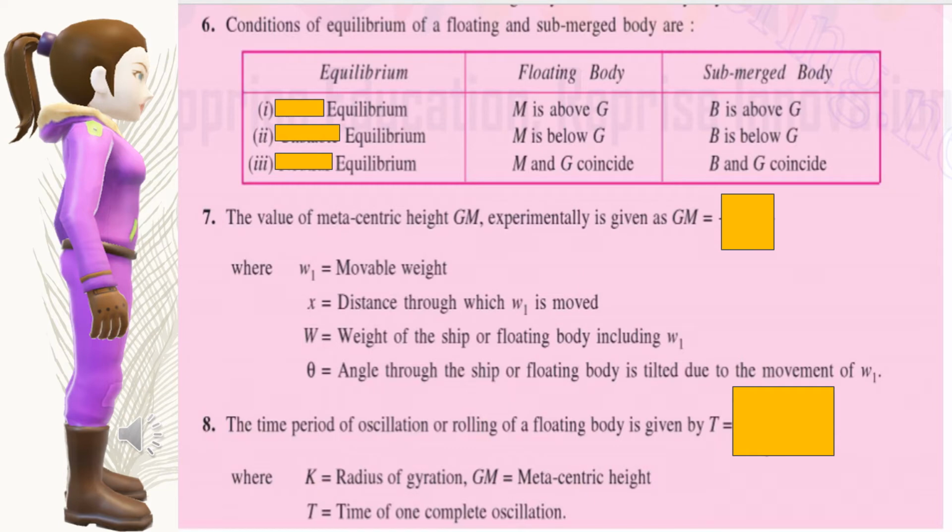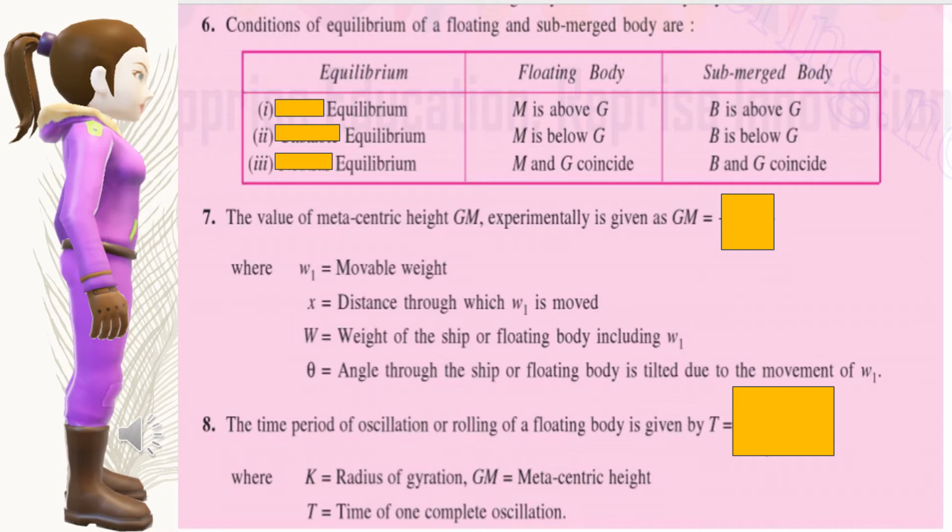Second one, dash equilibrium, capital M is below G in floating body, capital B is below G in submerged body. Third one, dash equilibrium, M and G coincide in floating body, and in submerged body capital B and G coincide.